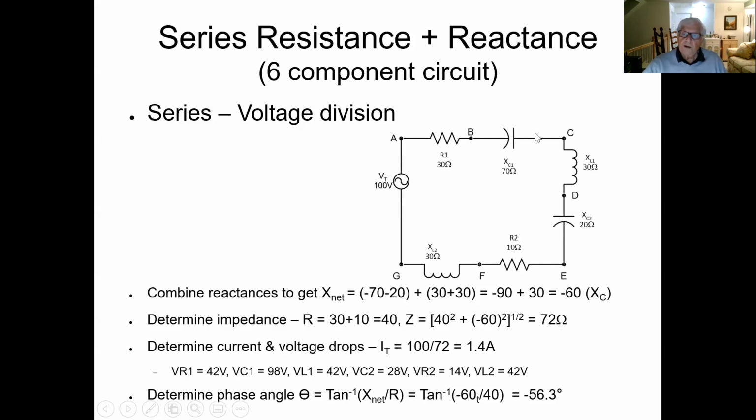So 1.4 amps goes through this entire circuit, and the voltage drops then are accordingly dependent on what those are. And of course, the phase angle is minus 56, which is the reactance divided by the resistance.